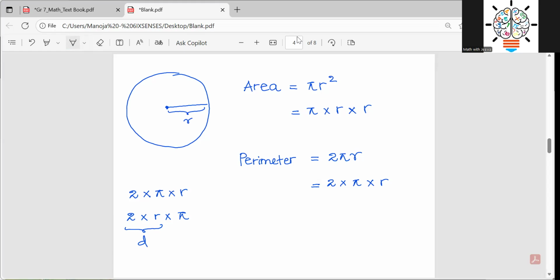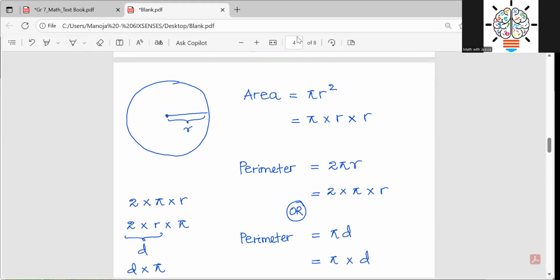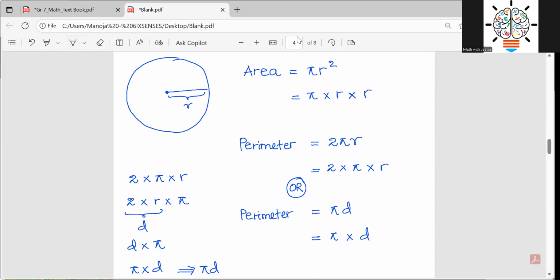So instead of writing d times π, we can write it as π times d. That is how we write this as πd, okay? Then the next way we can write the perimeter is πd. That means π multiplied by d. So this is the full circle.